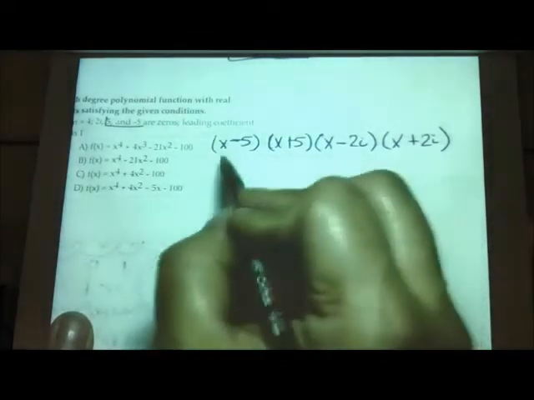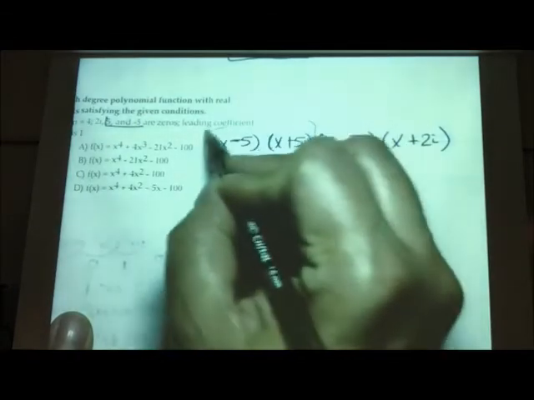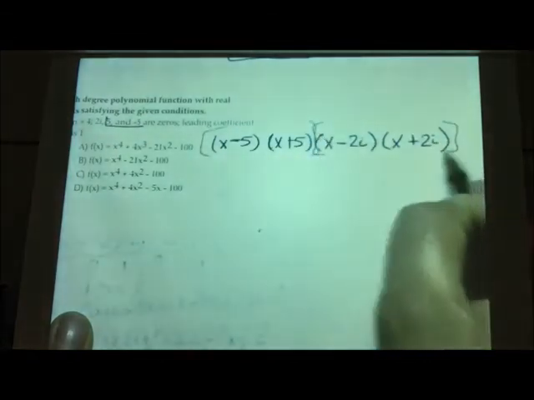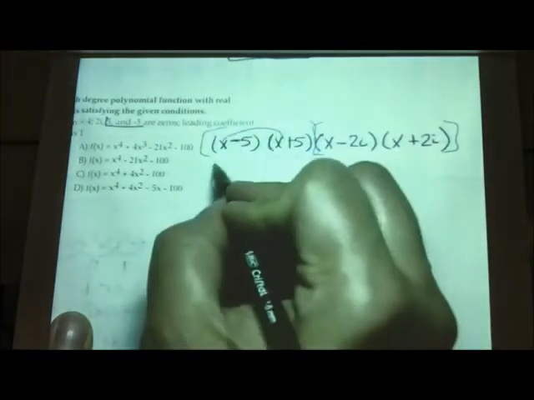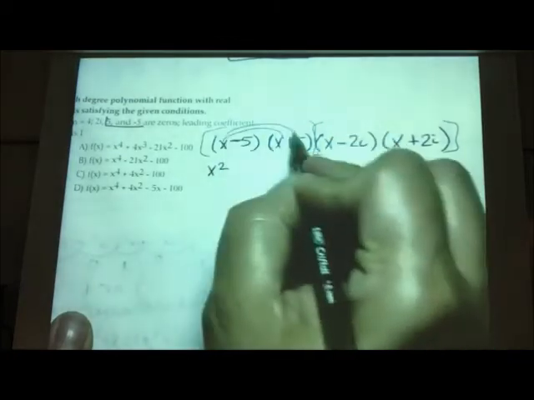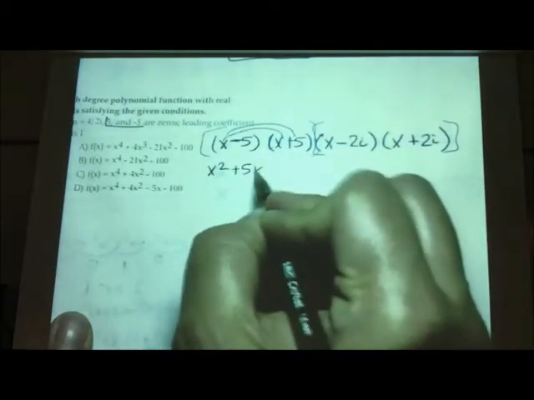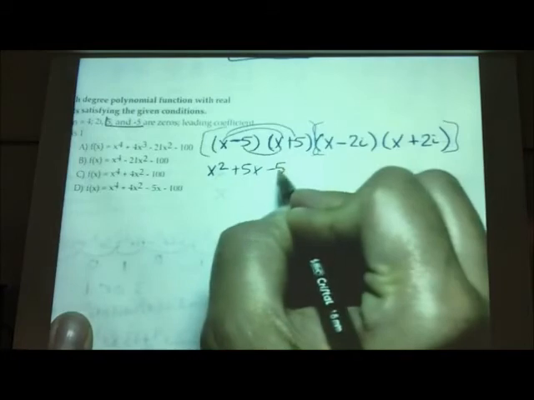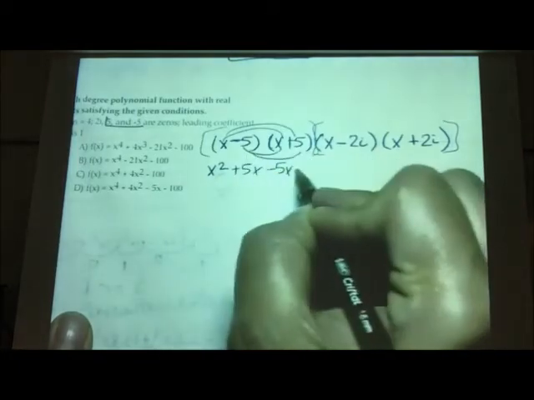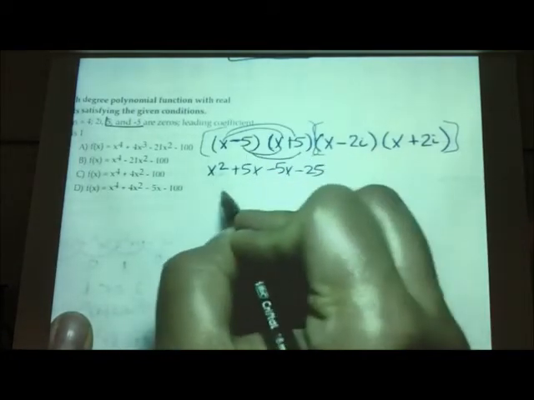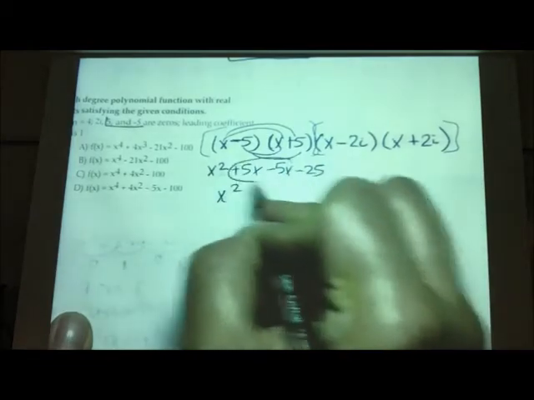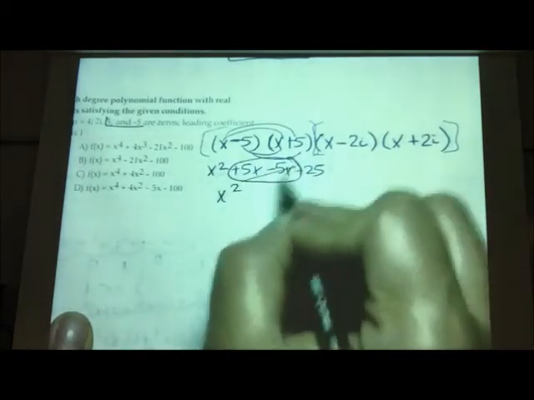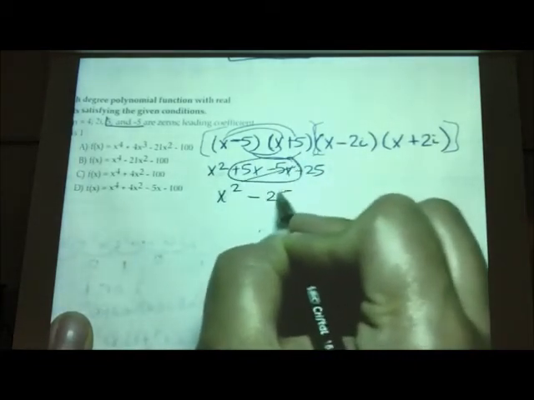So we do FOIL in the first two, and then we'll take care of the second two. So x times x is x squared, x times 5 is 5x, negative 5 times x is negative 5x, negative 5 times 5 is 25. X squared, both terms in the middle cancel, minus 25.